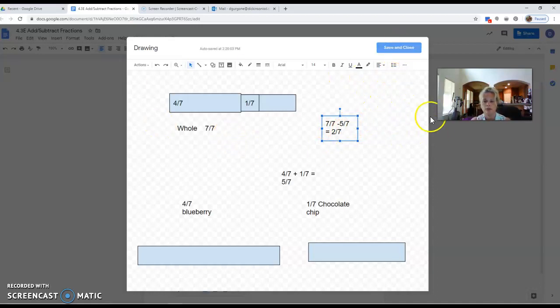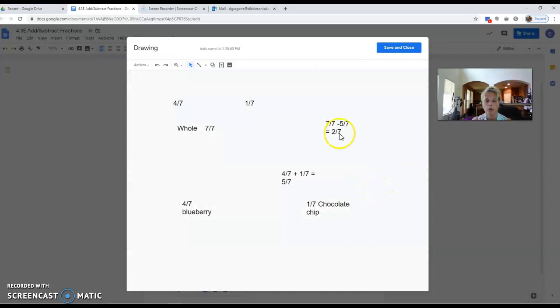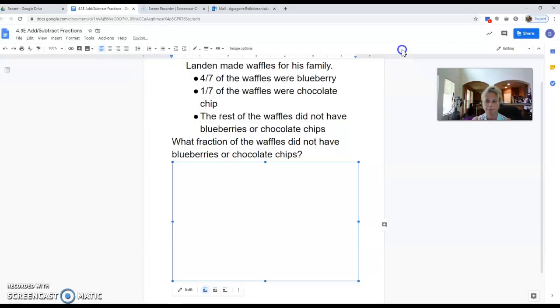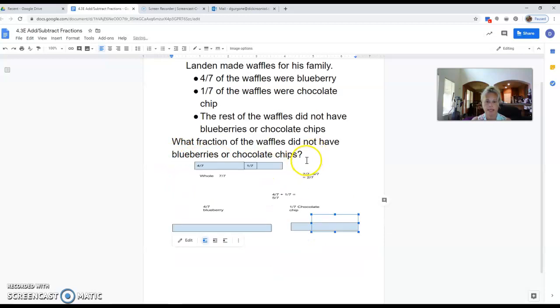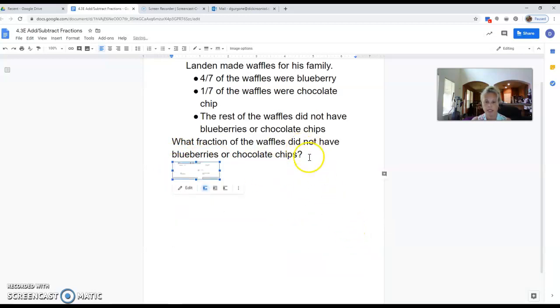So if we go back to our question, what fraction of the waffles were neither blueberry nor chocolate chip, we would be able to answer that question now. Okay, just shrink this a little bit. We can answer our question now.